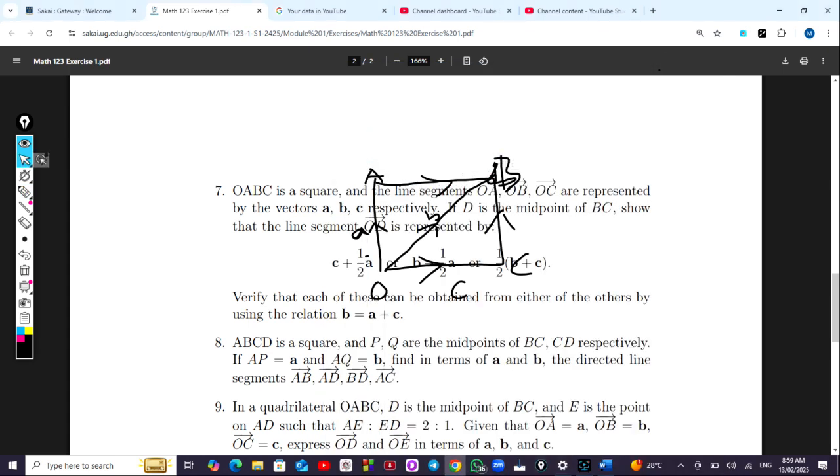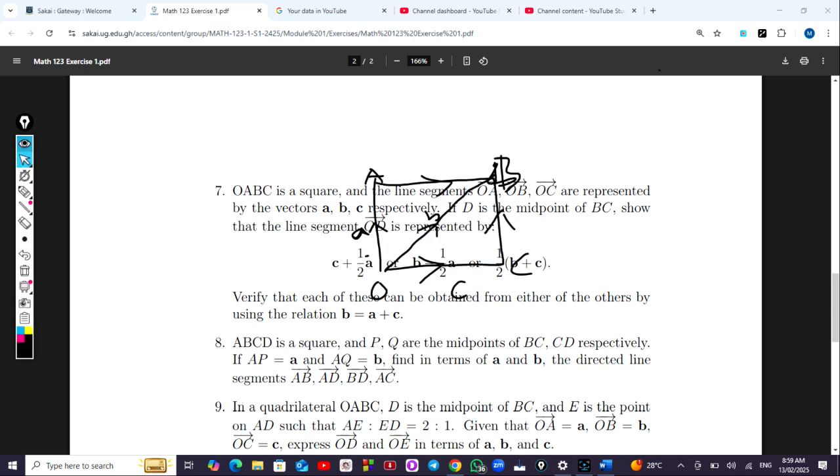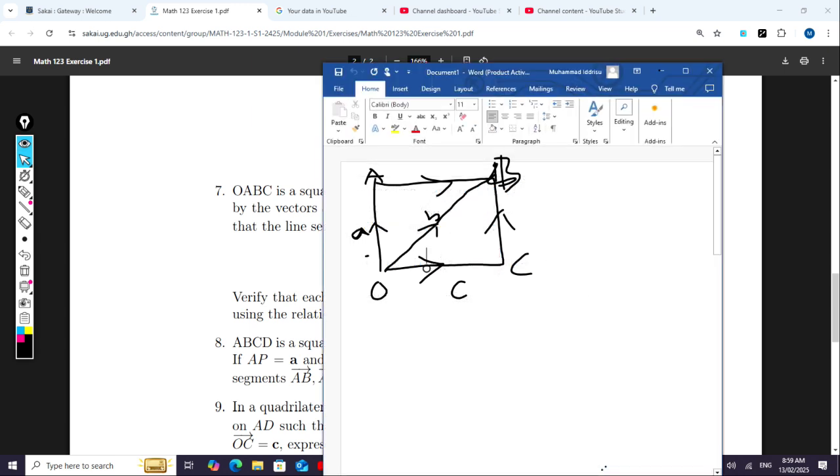D is the midpoint of BC, so D is somewhere here. It's the midpoint of BC.